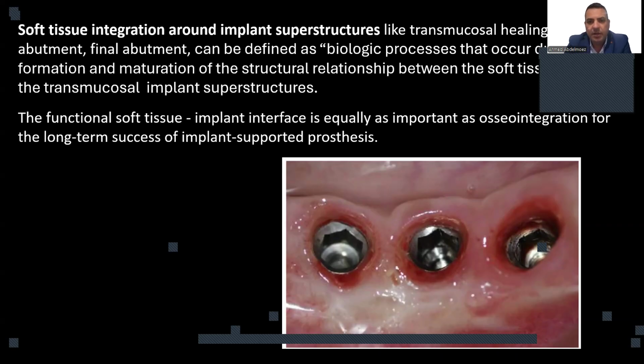We must know that soft tissue integration around a dental implant is equally as important as osseointegration for long-term success of the implant-supported prosthesis. If we have an area which is devoid of attached keratinized soft tissue, a grafting procedure should be performed to regenerate a healthy, thick, attached keratinized zone of marginal soft tissue, a minimum of 2 to 3 millimeters around the implant superstructure.